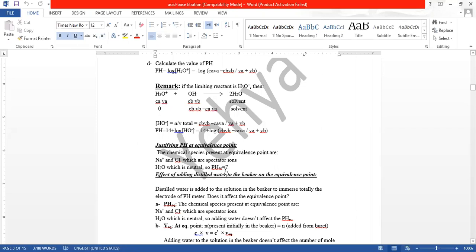طيب. What is the effect of adding distilled water to the beaker on the equivalence point? Yes, this.